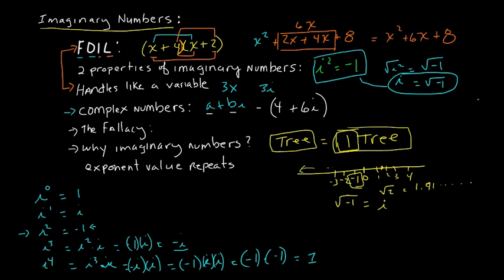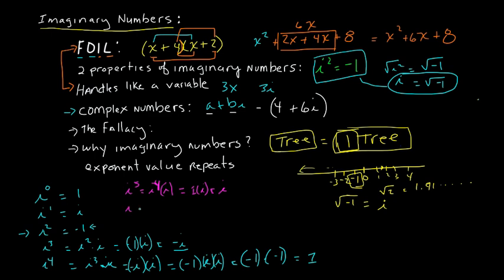So now let's keep going. i to the fourth, then you have i to the fifth, which is just i to the fourth times i, and i to the fourth was 1 times i, which is just i.